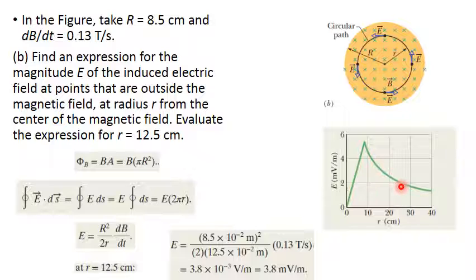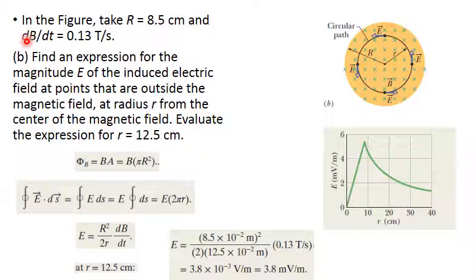Okay? Now we are going to apply for the value r equal 12.5 centimeters, and capital R was 8.5 centimeters. So the electric field in this case would be 8.5 multiplied by 10 to the power minus 2, all of this to the power 2, over 2 multiplied by r. r here is 12.5 multiplied by 10 to the power minus 2.